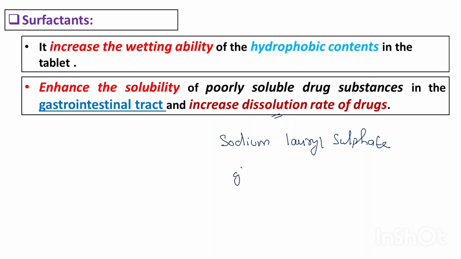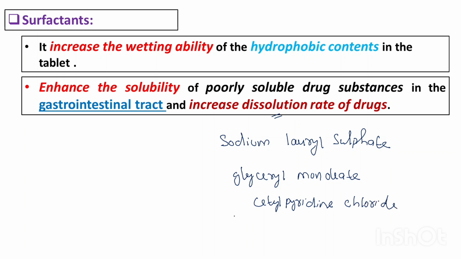Another one is glycerol monooleate, and another one is cetylpyridinium chloride. So these are the examples of surfactants used in tablet manufacturing.